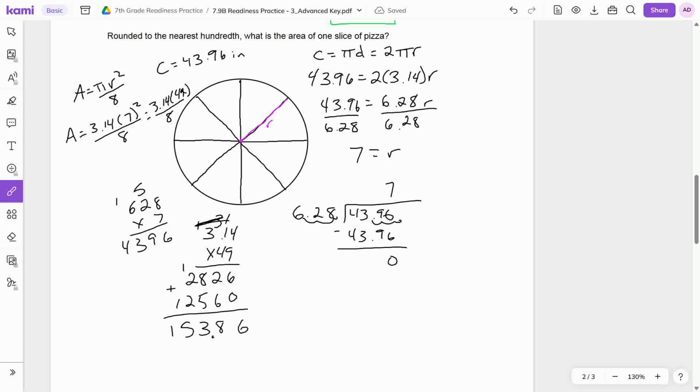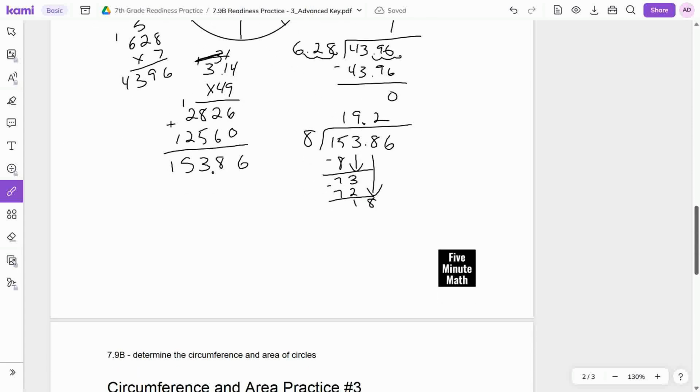But I want just one slice, and there's 8 slices, so I need to divide that by 8. 153.86. So this is going to be almost twice. That's 1, and then that is going to be 9, 72. Need a decimal right there. That's going to be twice, and that's going to be 16, 26. That's going to be 3 times.